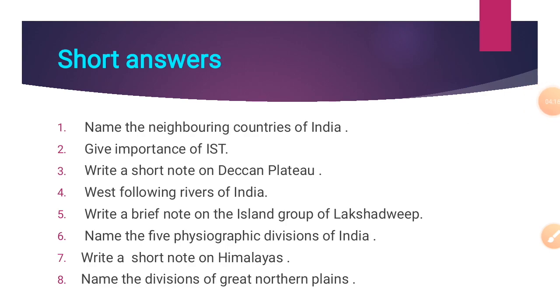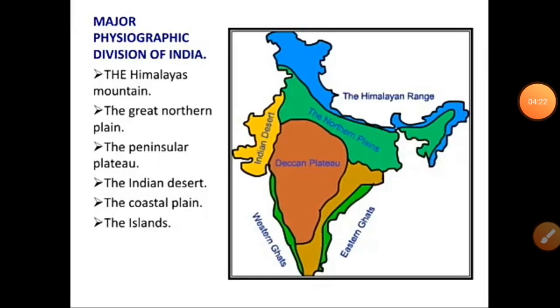Next, name the 5 major physiographic divisions of India. The major physiographic divisions of India are the Himalayan mountains, the Great Northern Plain, the Peninsular Plateau, the Indian Desert, the Coastal Plain, and the islands.